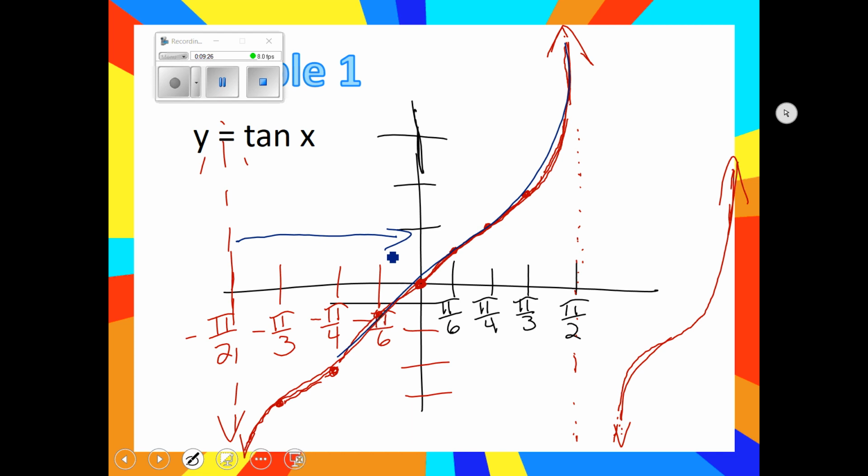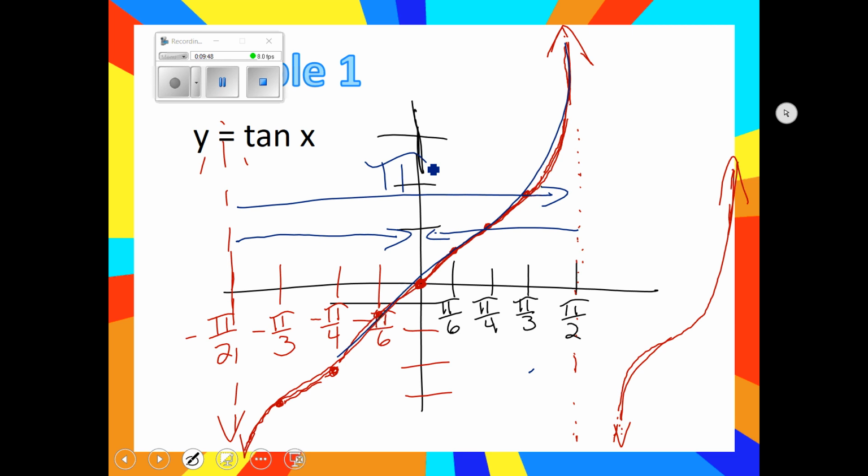Pi over 2. What's the distance from here to here? And if you put them together, how far is one full tangent? Pi over 2 and pi over 2? It's just pi. Does that make sense? So from here to here is just pi. Do you understand that?